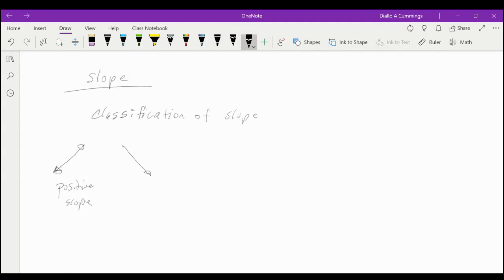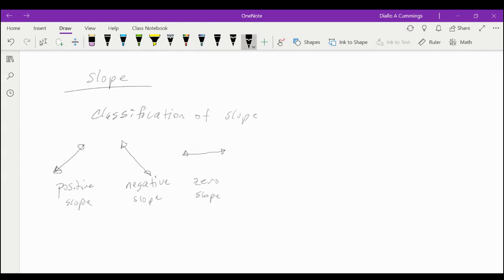If you read a graph again from left to right, and that graph descends or goes down, you have a negative slope. If you read a graph from left to right and the slope is horizontal, you have a zero slope.